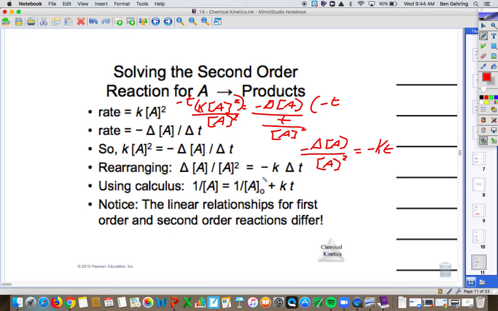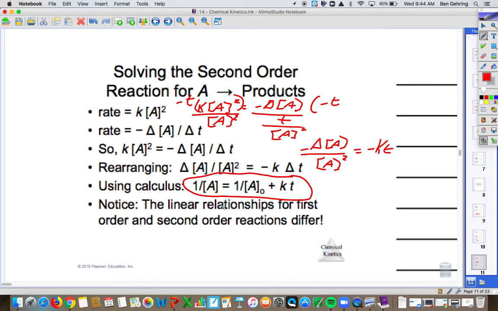Using some calculus, we can rearrange all this, and we end up with 1 over the concentration of A equals 1 over the concentration of A naught plus kt. This is going to be your integrated rate law for second order reactions. This is the one that you need to write down. This is where we end up. So 1 over the concentration of A equals 1 over the initial concentration plus kt. That's going to be your real important equation.